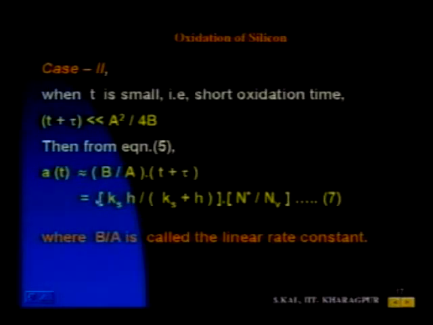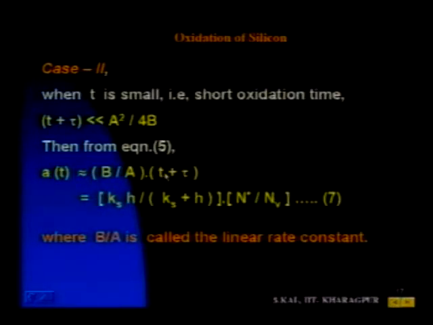Here we found two parameters. One is Ks, which is very important, and this Ks is the surface reaction rate constant, and this b by a, that means this equation at equal to b by a into t plus tau.